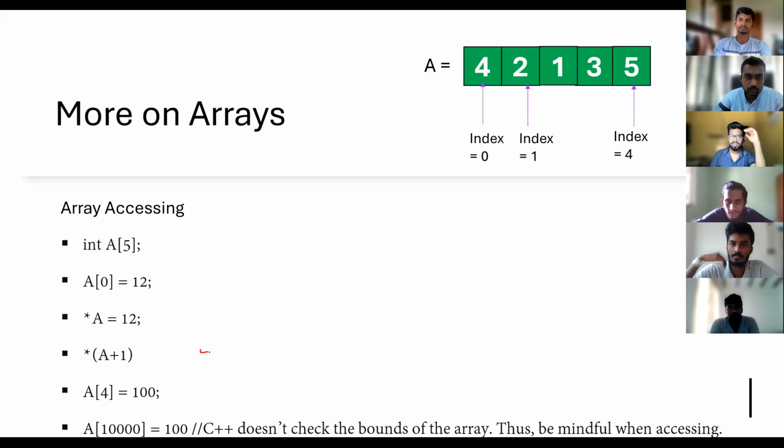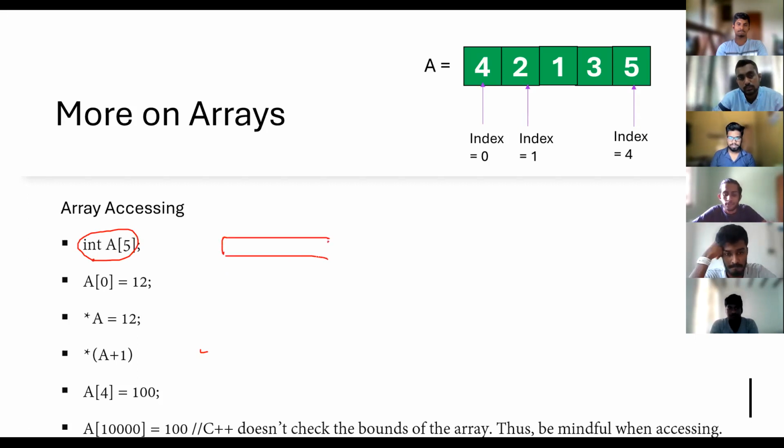So over here, I mentioned the last time when we are accessing arrays. For example, when we create an array like this, essentially we are creating an array of size 5: 1, 2, 3, 4, 5. And this A is actually a pointer.